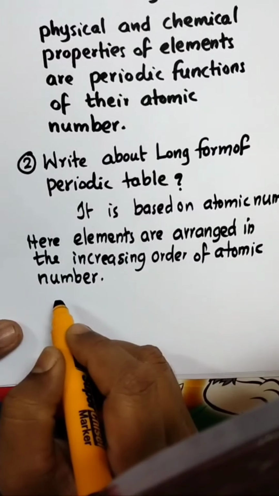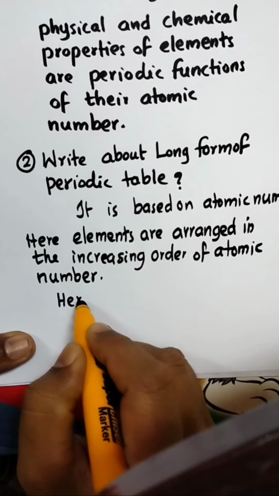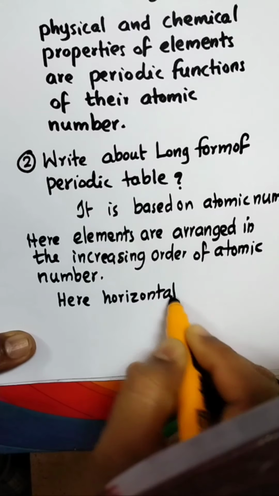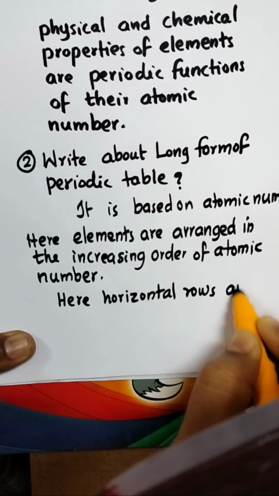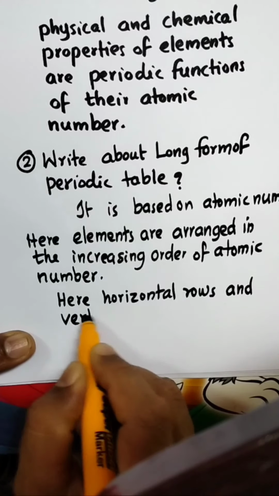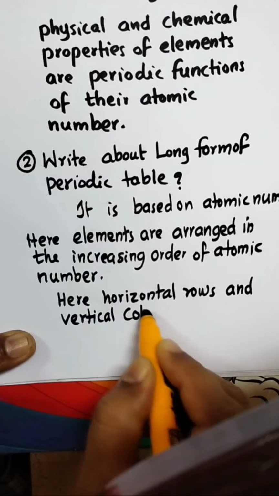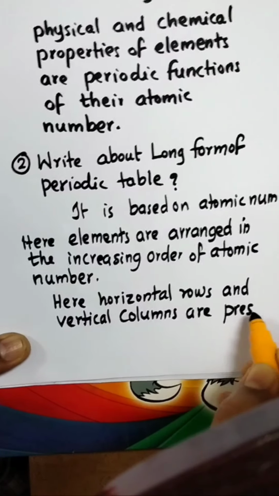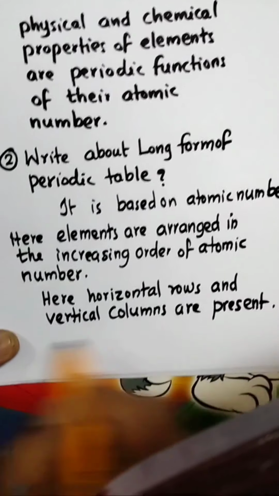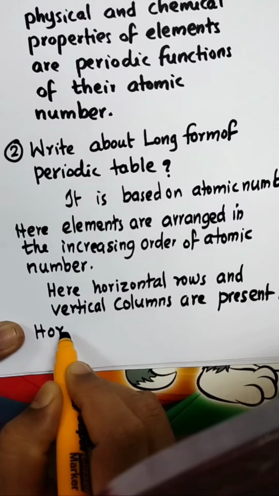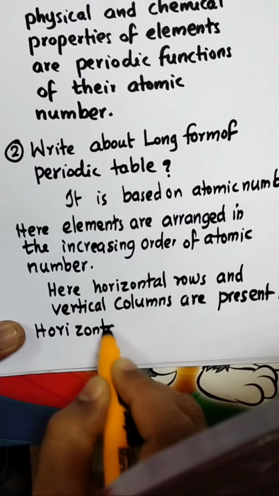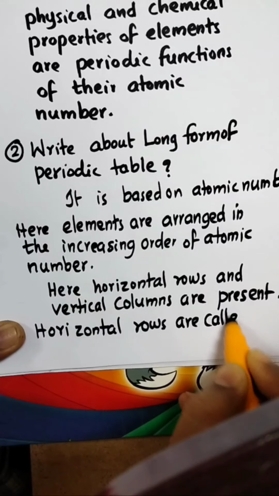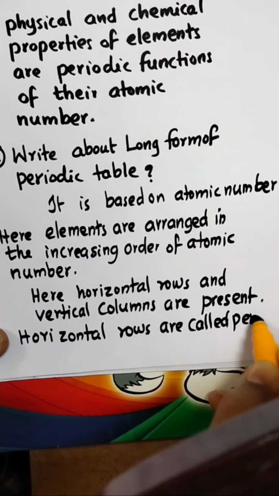Next point, here horizontal rows and vertical columns are present. Horizontal rows are called periods.